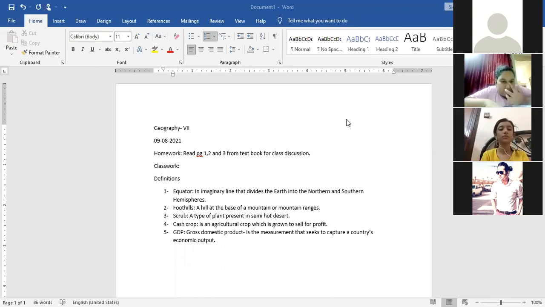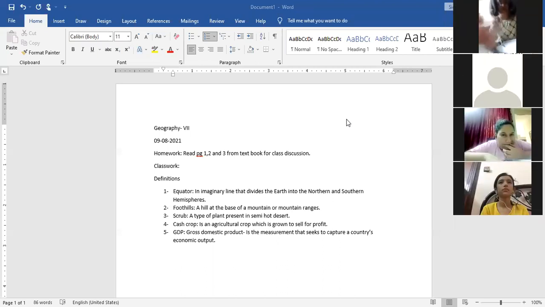The northern hemisphere is the top part of the earth, and the southern hemisphere is obviously the bottom part. Now, why are they called hemispheres? Because the earth is in the shape of a sphere, and half of a sphere is known as a hemisphere. So half of the earth is known as the hemisphere, and that is why they're called the northern and southern hemispheres.